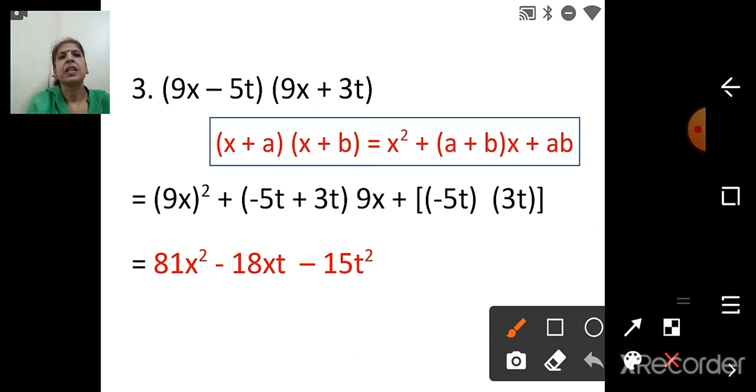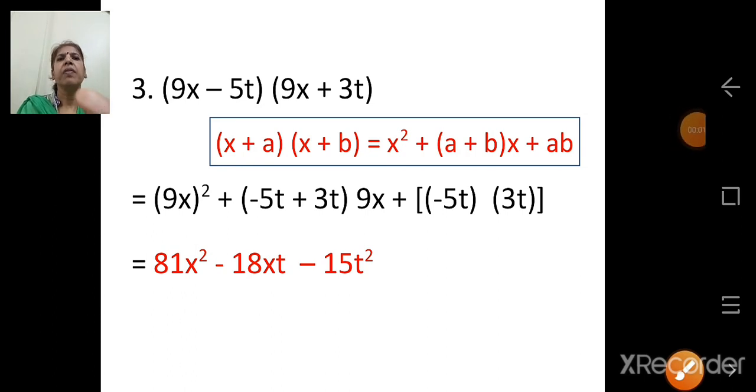So write plus, then in a bracket the second terms: here it is negative 5t, plus here it is 3t. So (−5t + 3t) multiplied with 9x. Plus again, you multiply the next terms: minus 5t multiplied with 3t.